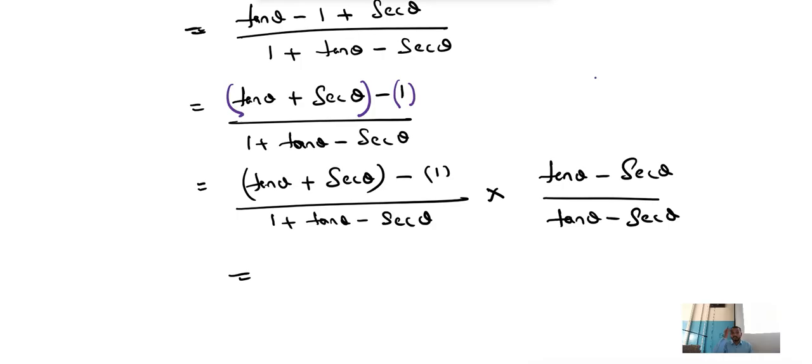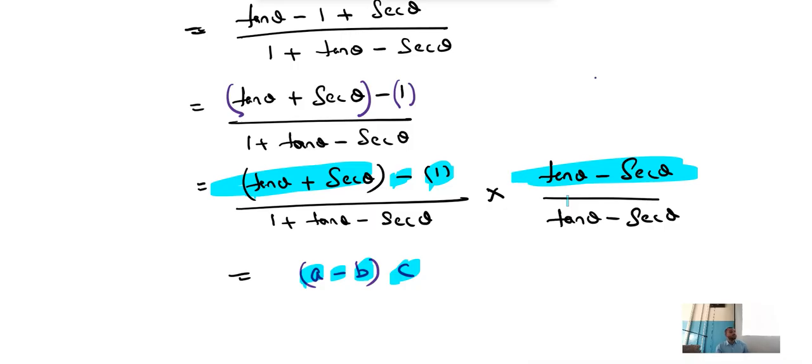Now see here, interesting. This tan theta minus secant theta is something like this. I'll show you. A minus B into C. A means tan theta plus secant theta, minus B means 1, C means tan theta minus secant theta.